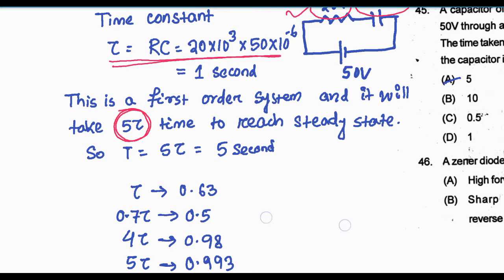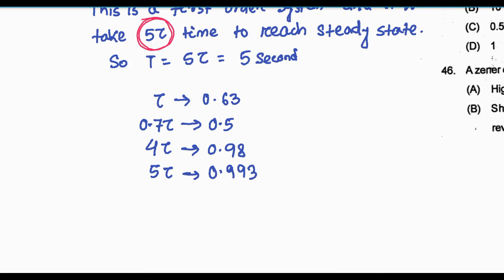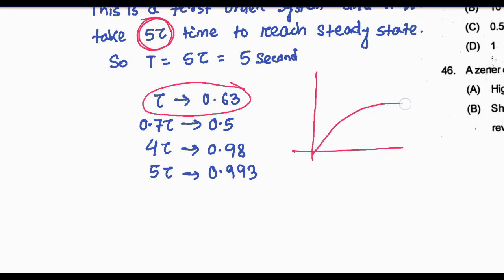Here I have written tau. If it is 1 tau, that means we are getting 63% of the final output. Suppose the final output is 1, then 0.63 is at tau.